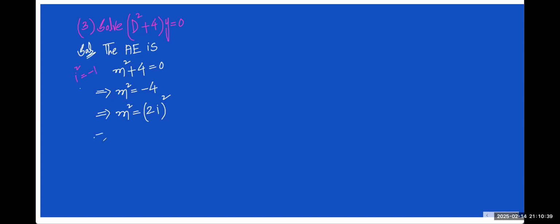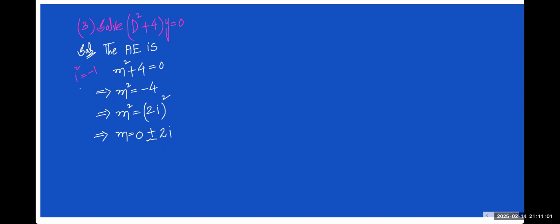Which implies that m is equal to, the square will be going that side, which contains plus and minus sign. Root and square cancel. We are left with 2i only. So plus or minus 2i is the correct answer, or for our convenience, I am taking 0 also. 0 plus or minus 2i.